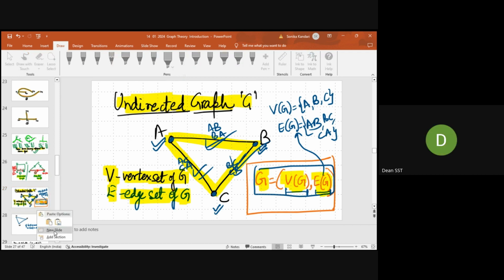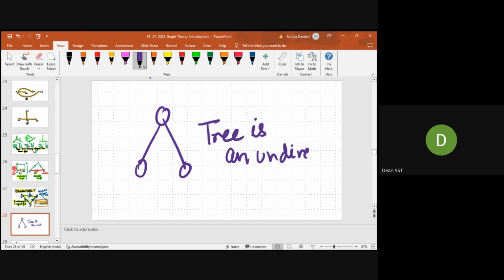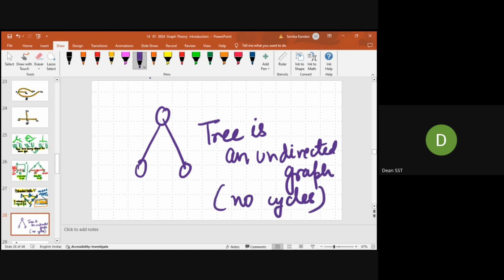And we were saying that a tree is an undirected graph. In a tree there were no arrows. A tree is an undirected graph with no cycles.